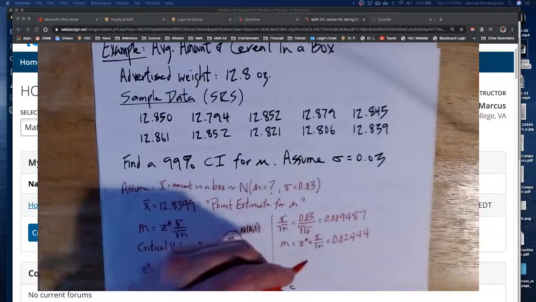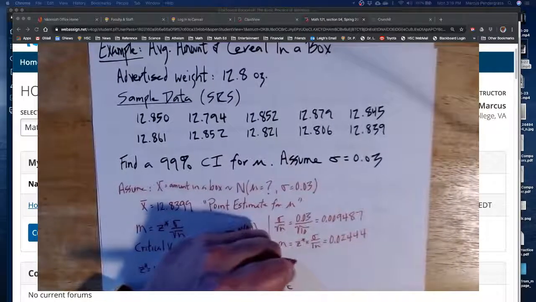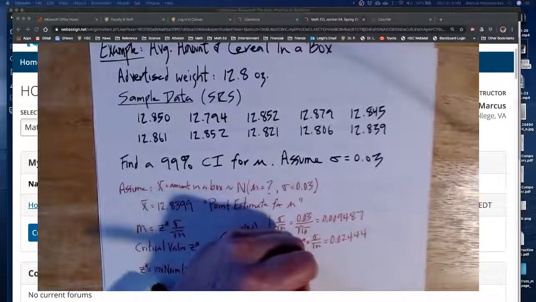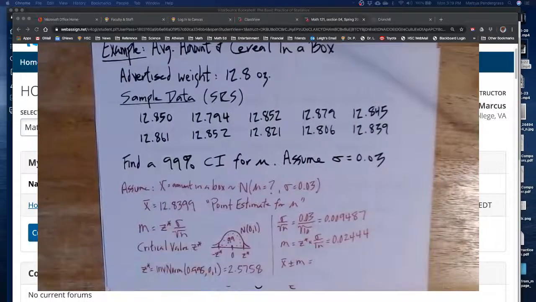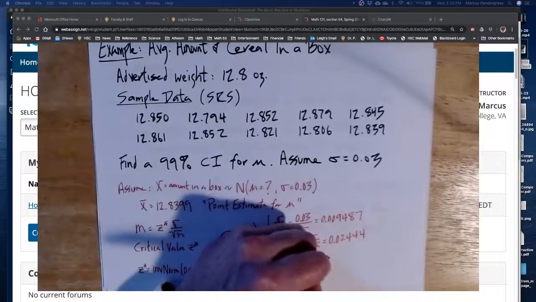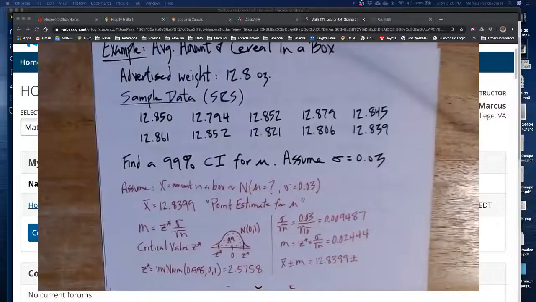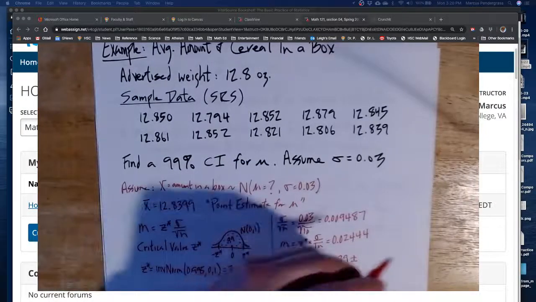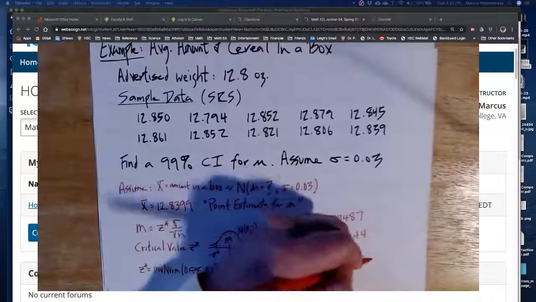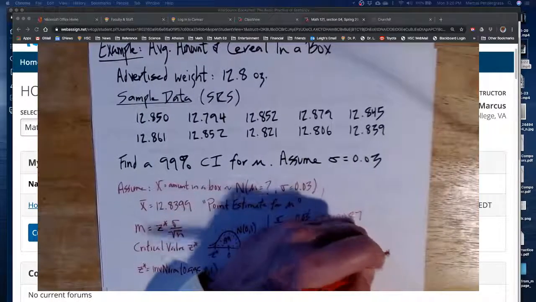And so the confidence interval is X bar plus or minus M. So that's going to be my X bar value, which was 12.8399, plus or minus that margin of error, 0.02444.